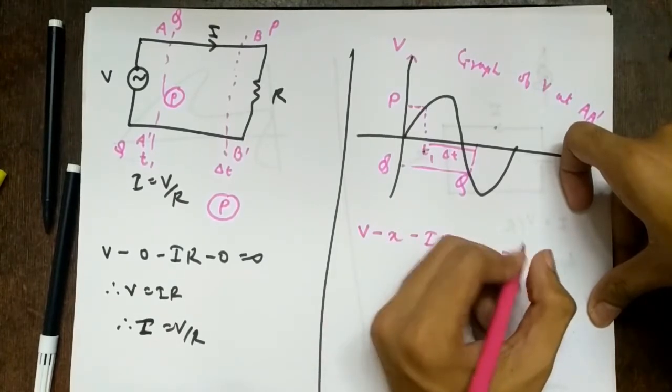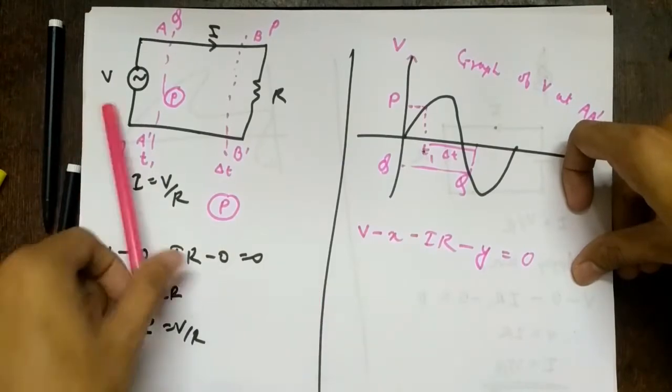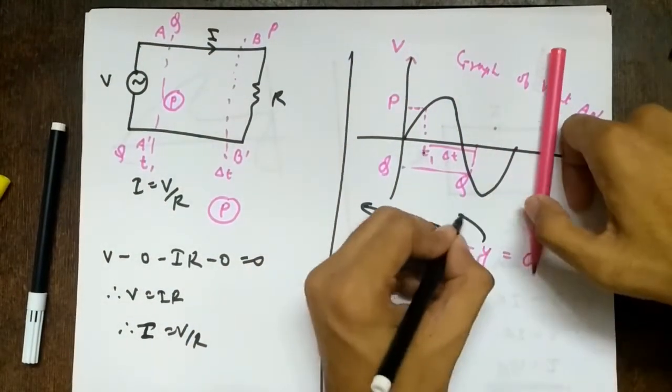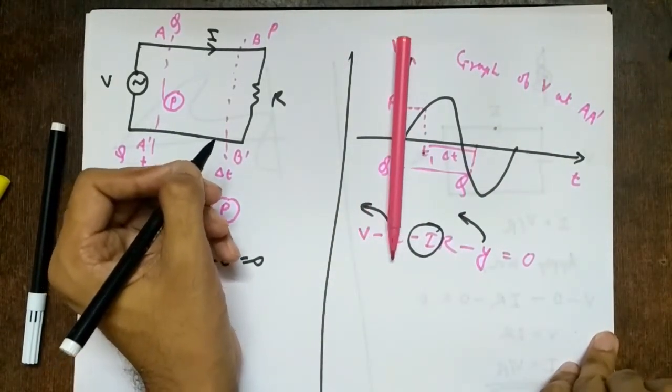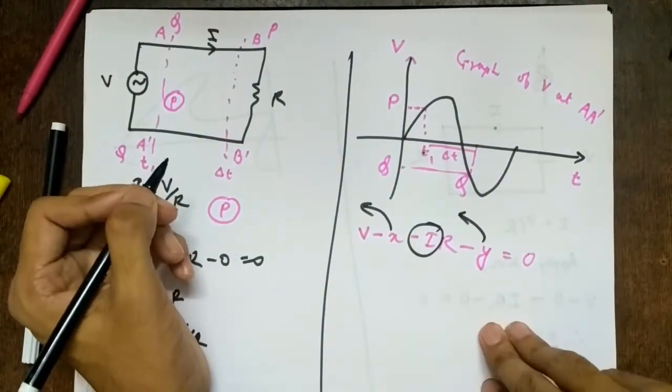So let's say Y. So I am done with the loop, so it is 0, right? So can you find I here? You cannot find it, because you don't know the voltages X and Y. That is the problem, right? So this is creating a problem for us.